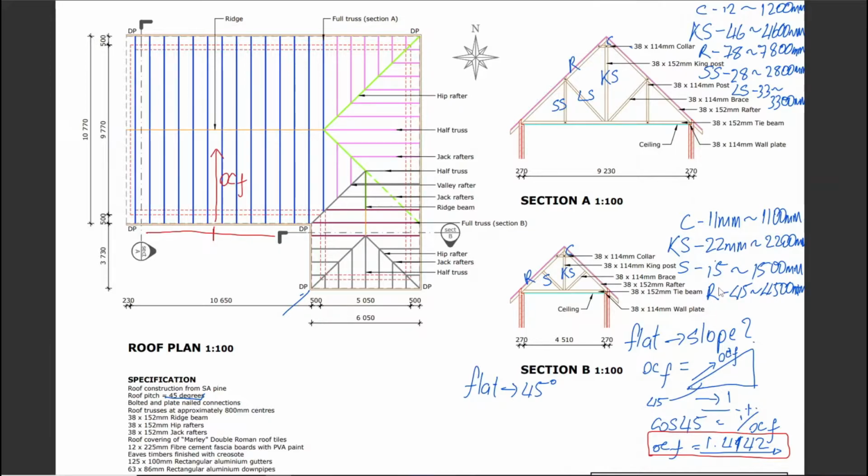And this one we'll say is 45. It's coming in at 45 degrees to the face. If you're viewing the face, this is 45 over here. Flat to 45 degrees slope is not to be confused with a gradient of 45. We're talking about on plan, two-dimensional.